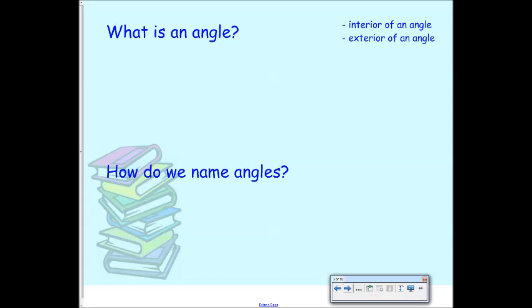So an angle is made up of 2 rays with a shared endpoint. So that's one angle, all right? This could also be an angle.